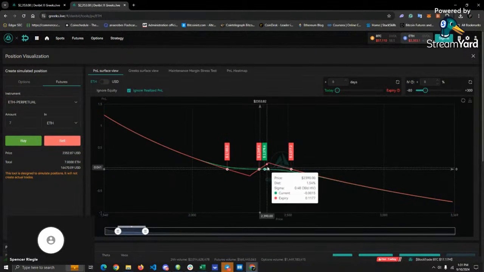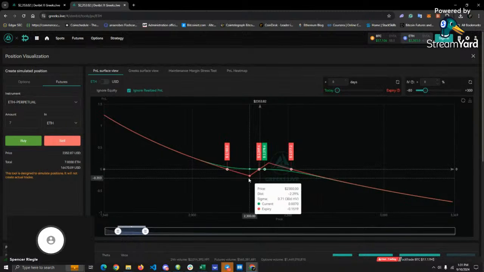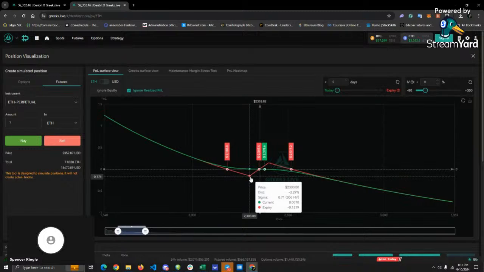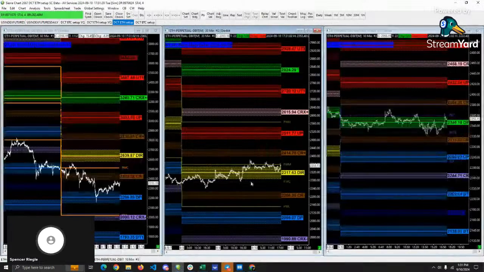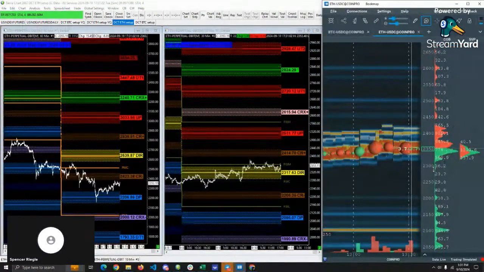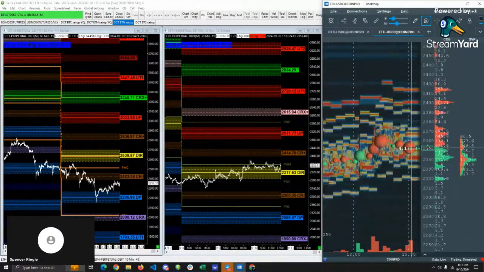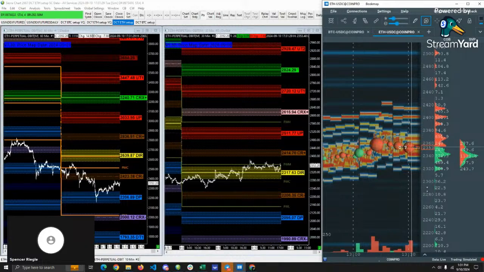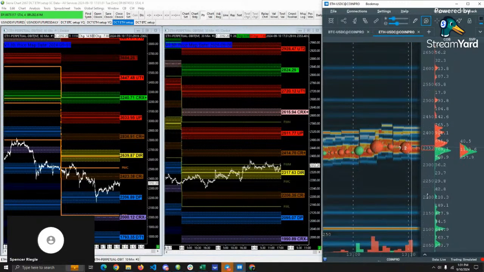But you'll notice as time goes by, this red P&L is our expectation for the payouts, right? So our max loss obviously is at that 2300 level. That's the level in which we're willing to risk. Let's see how that pairs up with some Bookmap too. So there isn't a ton of liquidity down there. My expectation is as we kind of trade closer, there probably would be a lot of resting liquidity. This also is Coinbase.